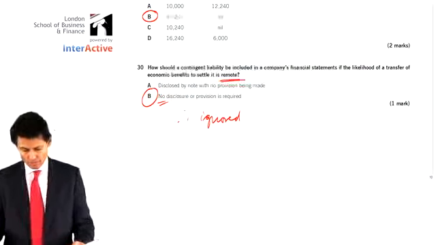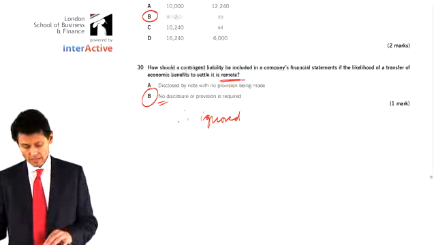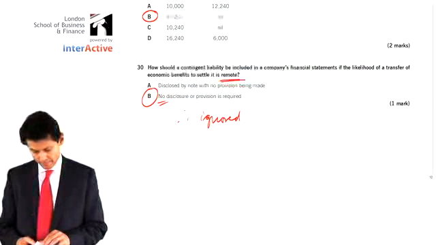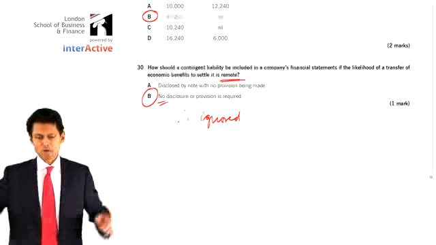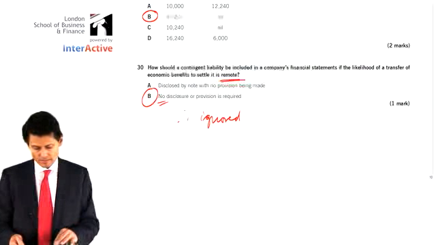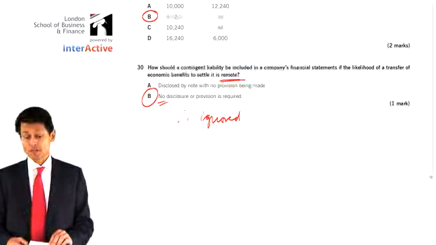So that's your answer to remote. Where the chances are very, very slim indeed, don't bother with it. Ignore it. No disclosure or provision is required. That was quite easy, wasn't it? One of the common sense points, or perhaps even a proper accounting standard if you wish.